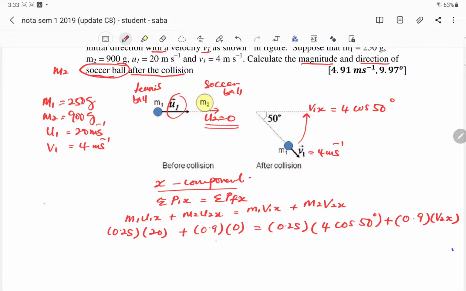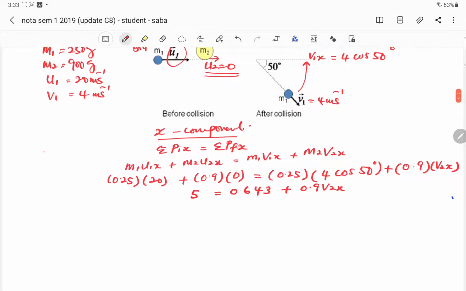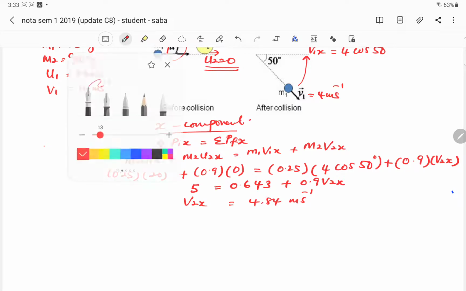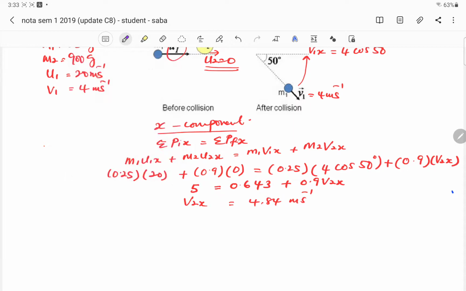Okay, so we make the calculation and then we have 5 is equal to 0.643 plus 0.9 V2x. So we get V2x equal to 4.84 meter per second. We just got the x, now we get the y component value.